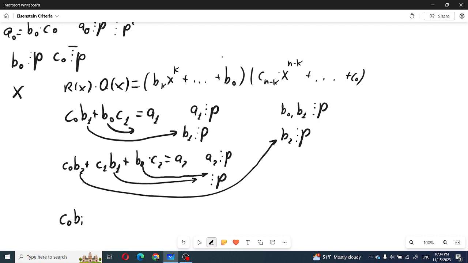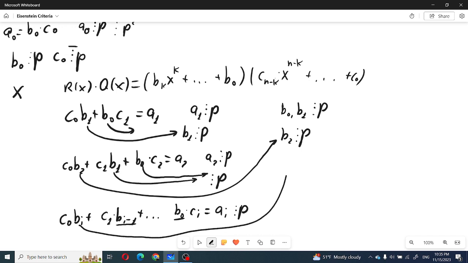And now check this: c_0 times b_i plus c_1 times b_{i-1}, all the way up to b_0 times c_i, equals a_i, and clearly this number is a multiple of p. Now we can use induction on i, and if we know that all these b_i's are multiples of p, and a_i is also a multiple of p, we can conclude that b_i will also be a multiple of p.